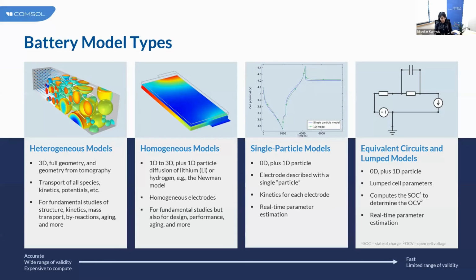Homogeneous models are also known as Newman or DFN framework, or P2D, names you have heard in the community. One step scaled down are single particle or single particle with electrolyte models. And then as we scale down, we are reducing the complexity and taking the physics out, making the model simpler, all the way to equivalent circuit models and lumped models.